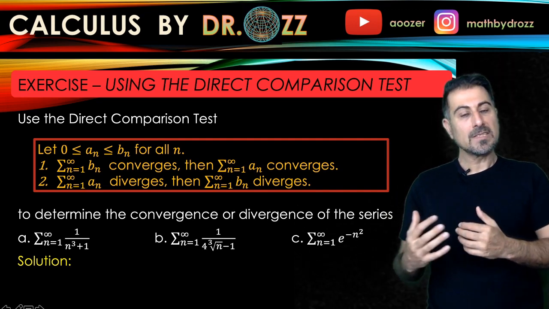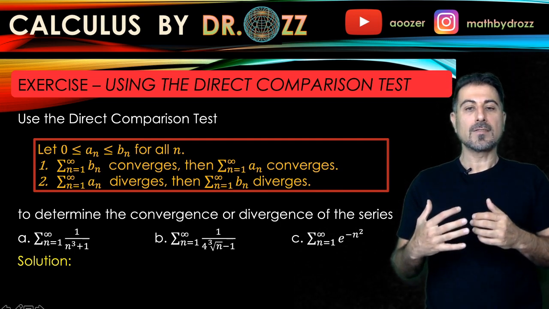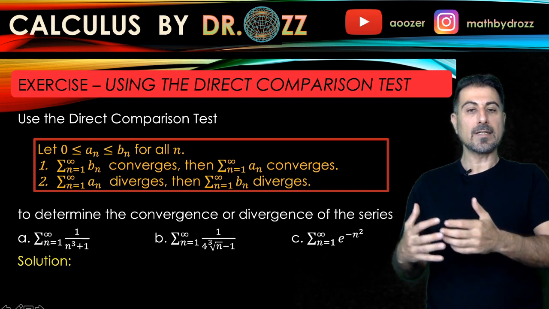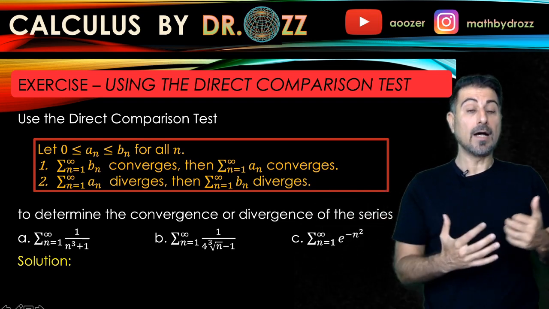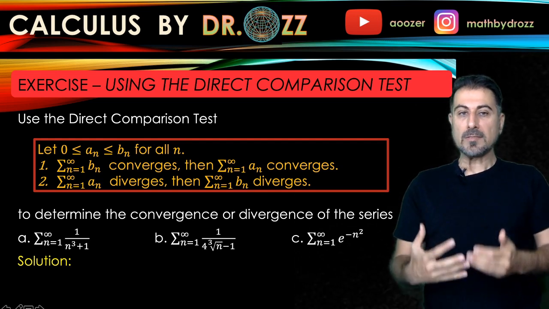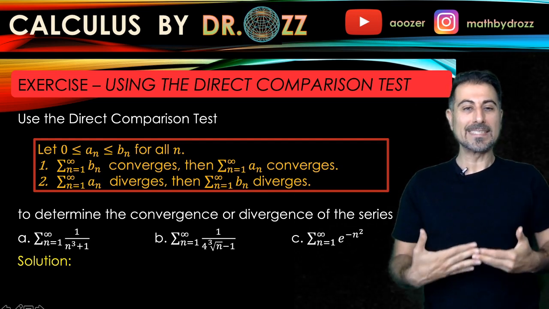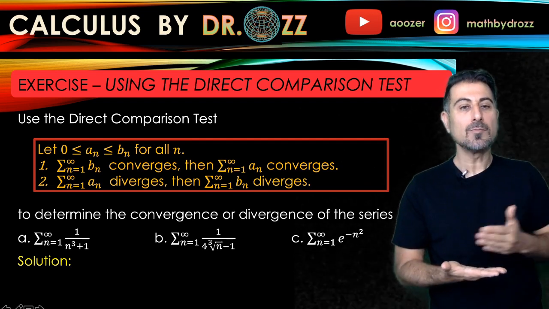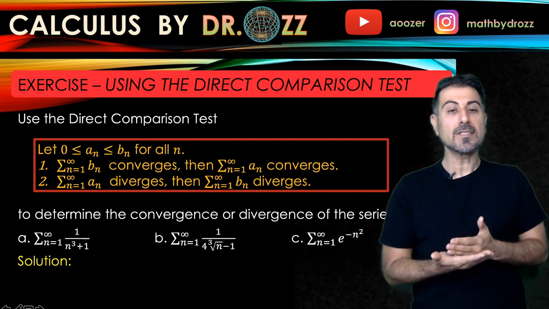So it's a very specific test, and it's very special to apply this test to certain infinite series. You're going to gain this experience by going over more exercises, because we are piling up different tests to be applicable for infinite series.